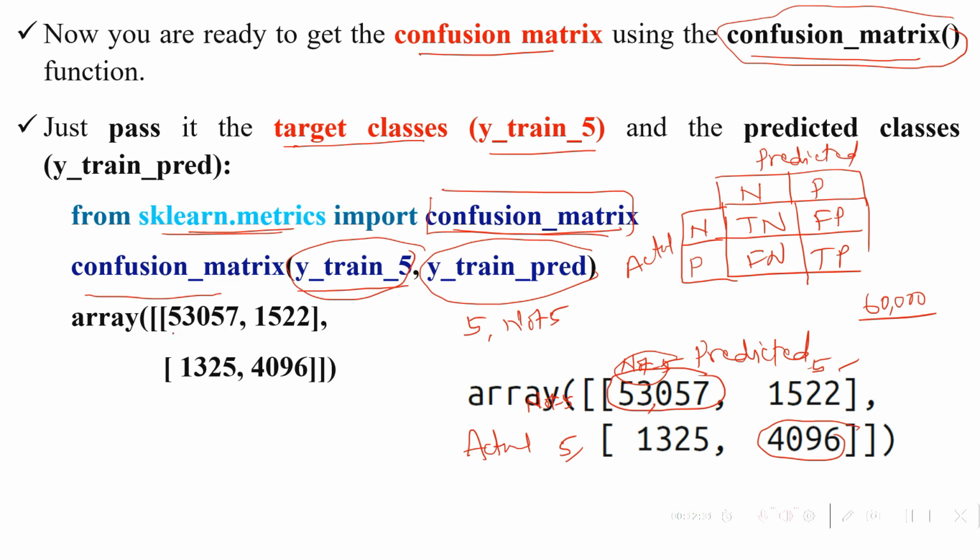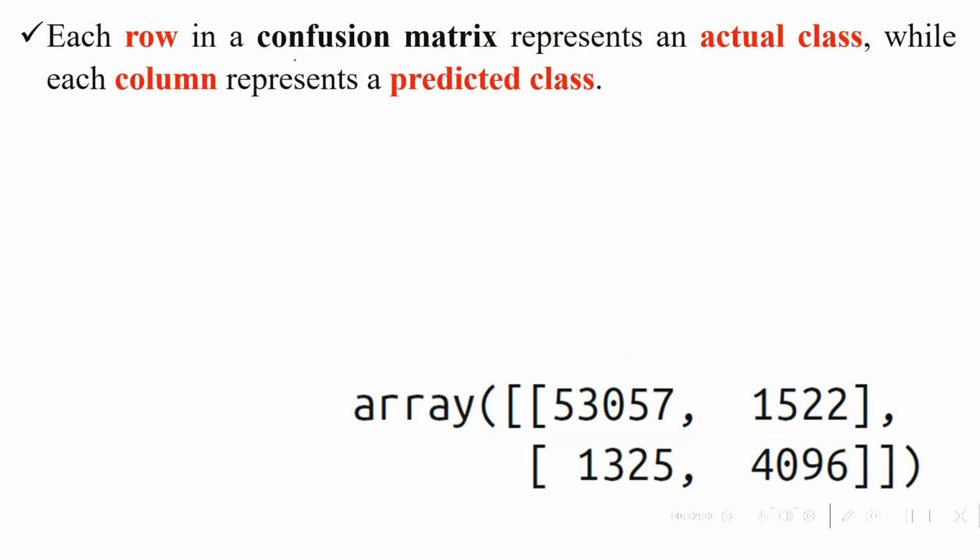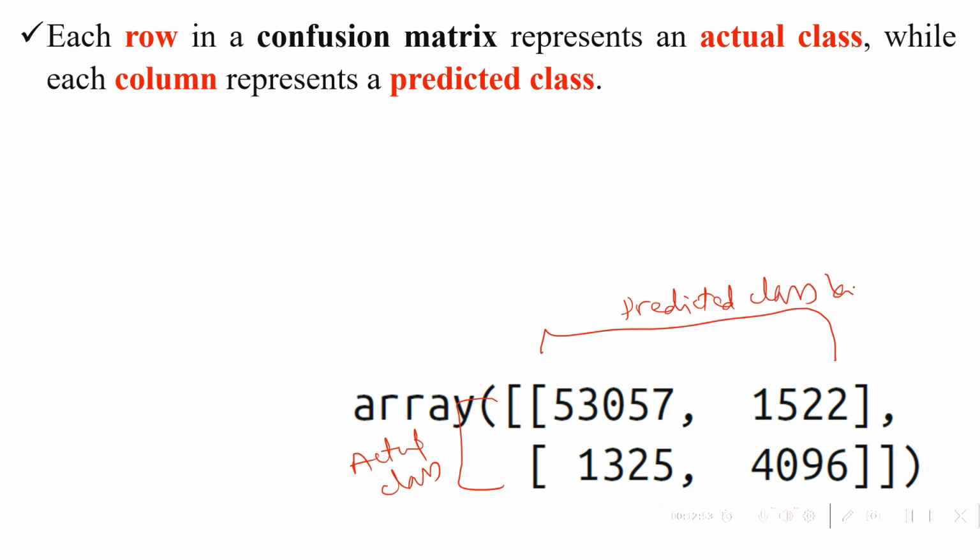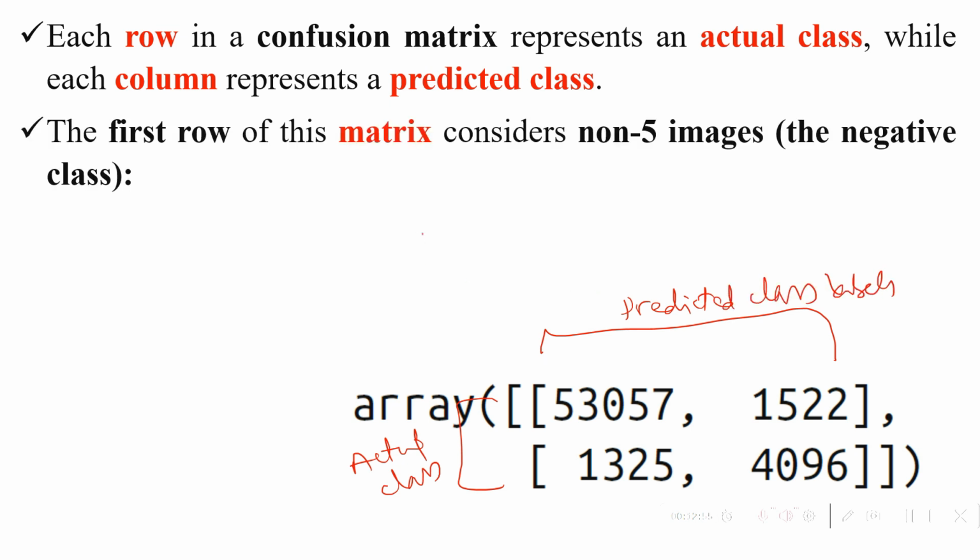Here each row in the confusion matrix represents the actual class labels, and each column represents the predicted class labels. The first row of the matrix consists of the not 5 elements.